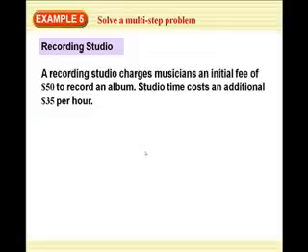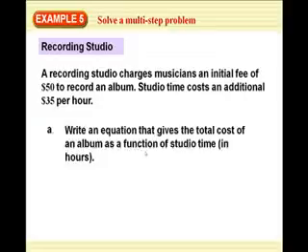Example number 5. A recording studio. Here's a real-life situation. A recording studio charges musicians an initial fee of $50 to record an album. Studio time costs an additional $35 per hour. They want us to write an equation that gives the total cost of an album as a function of studio time in hours. So we don't know how many hours we're going to be there, but we know we have to pay $35 for every hour.